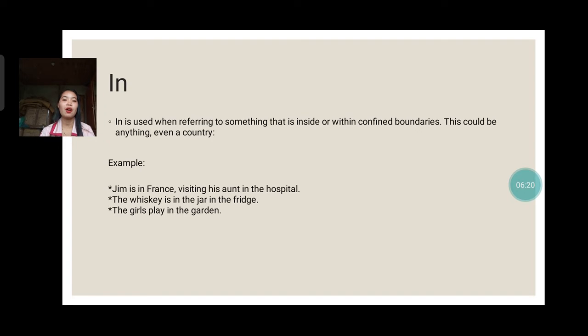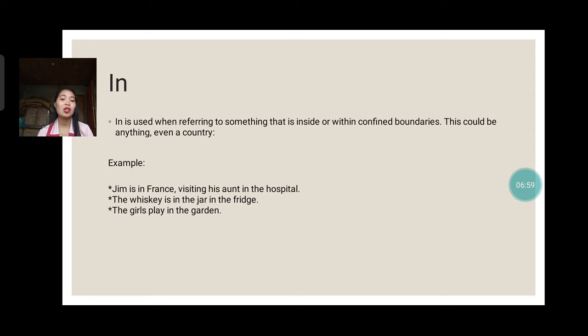In describes something that is inside boundaries, like a country, place, or street. Like in the first example, Jim is in France. France is a country, and we find the preposition in describing where Jim is. So, Jim is in France.